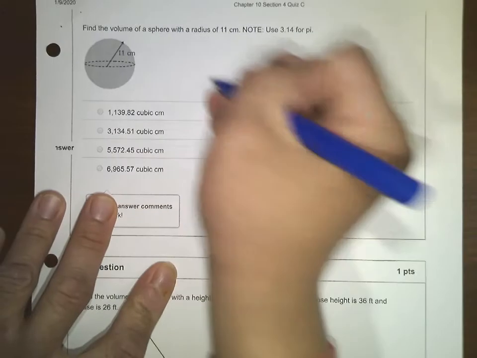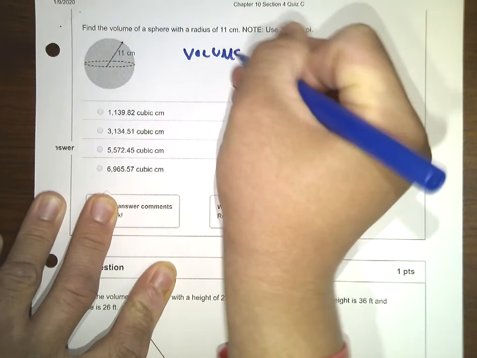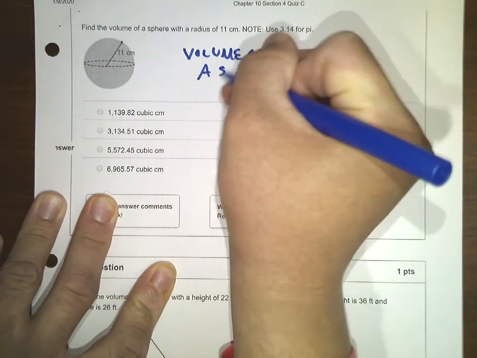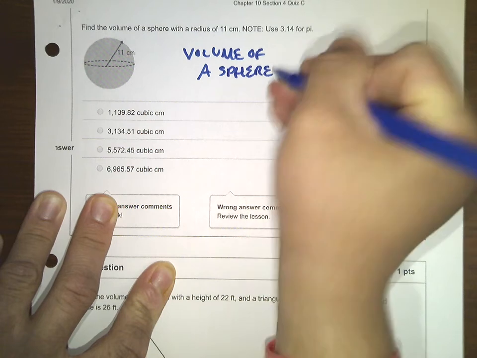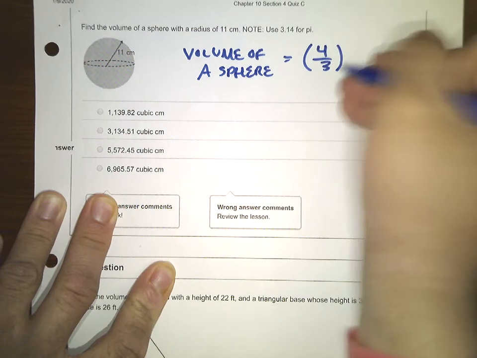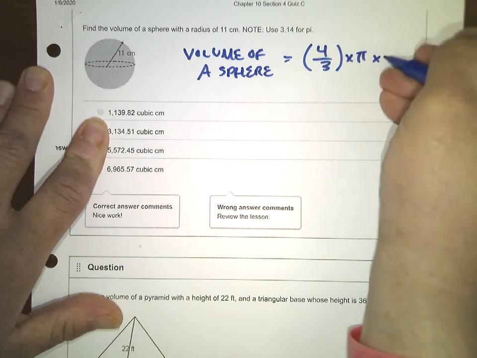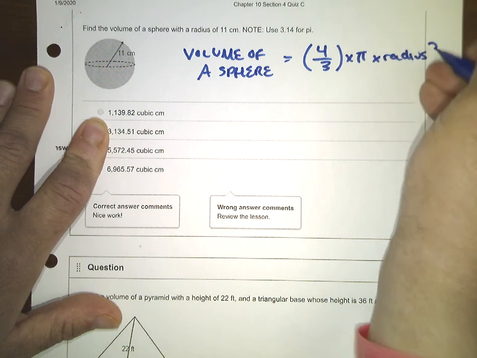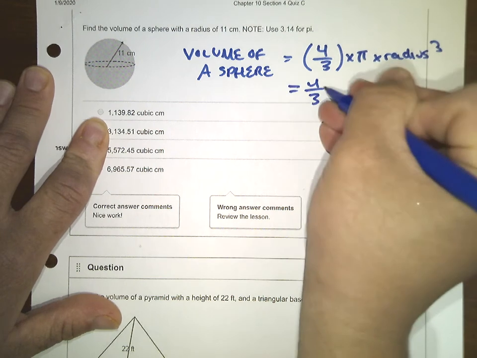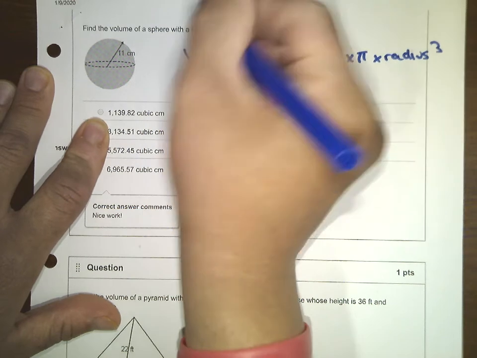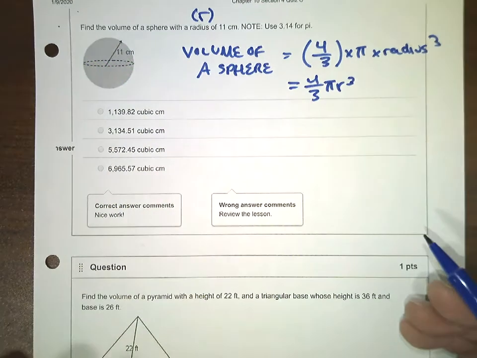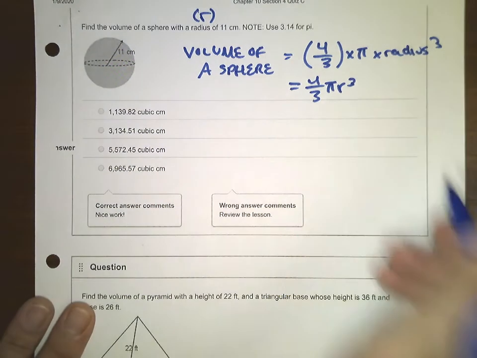So the volume of a sphere, all right, so this has a special formula here. It's 4/3 times pi times radius to the third power. So 4/3 pi r cubed if you use r for radius. All right, so here we go.